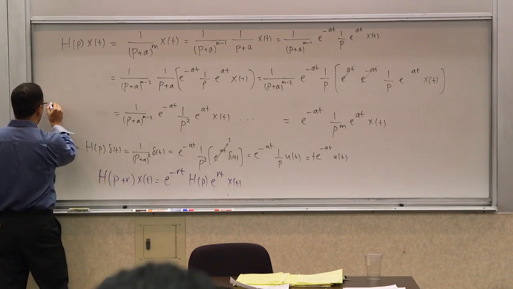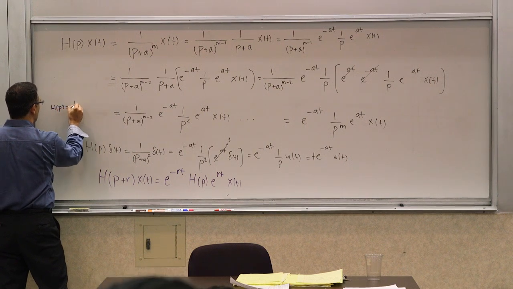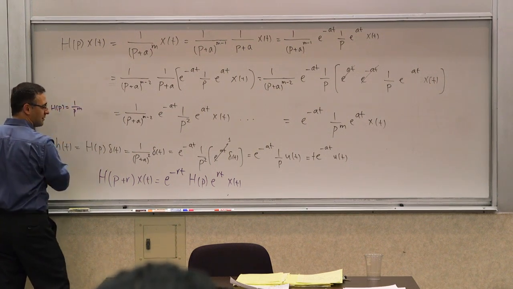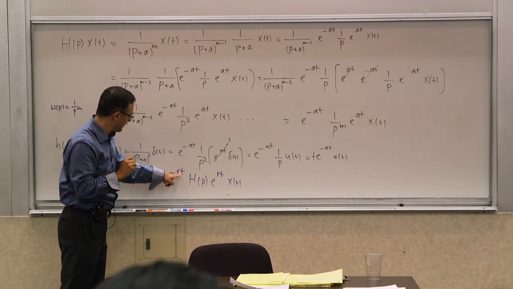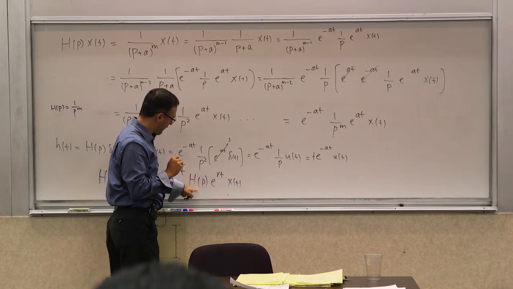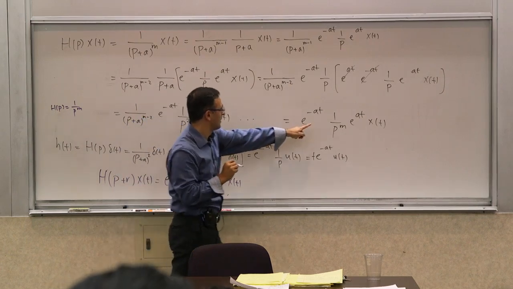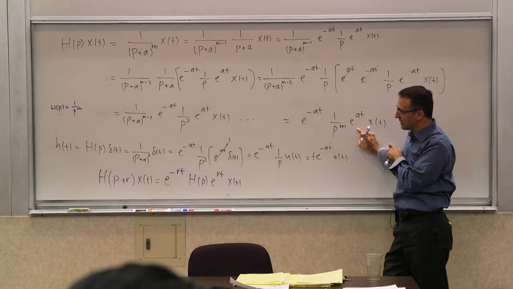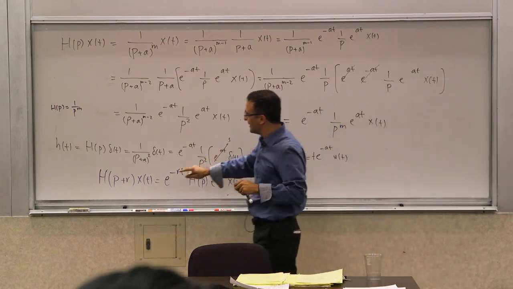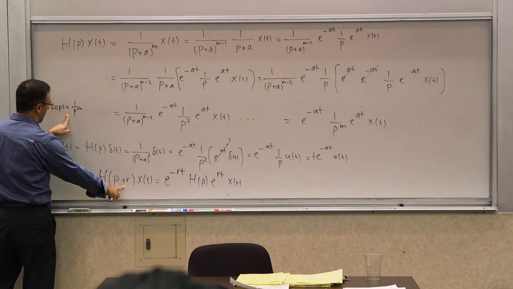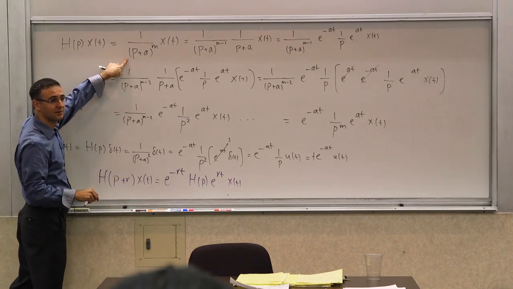If you assume that h of P is 1 over P to the m, then this becomes e to the RT 1 over P to the m e to the at, if you replace a with an r, x of t, which becomes this expression. And this side of it becomes 1 over P plus r to the m, which is this side of it.